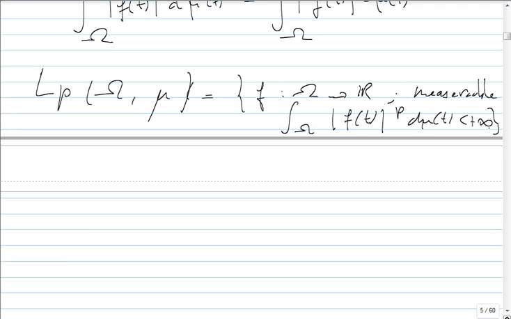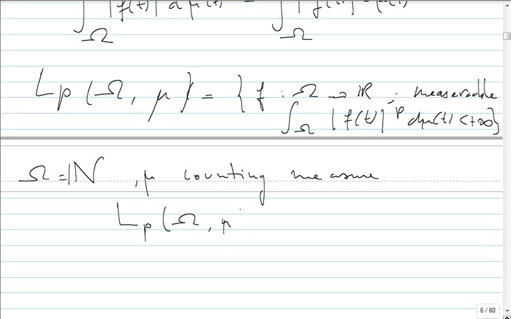This is the LP space. This extends the little lp, because if you take omega equal to N and mu the counting measure, then LP of omega, mu becomes exactly little lp.